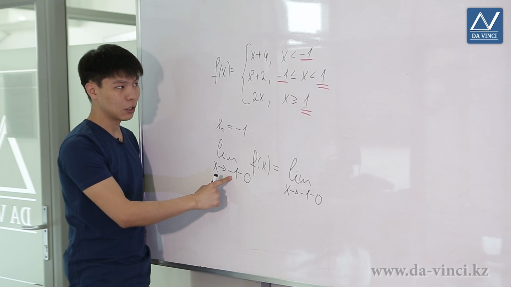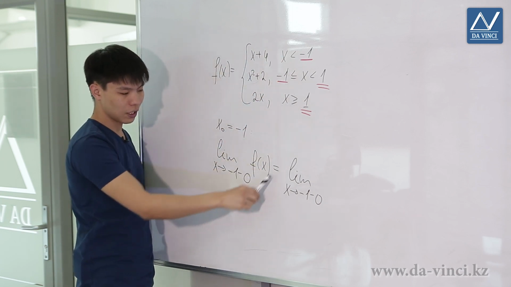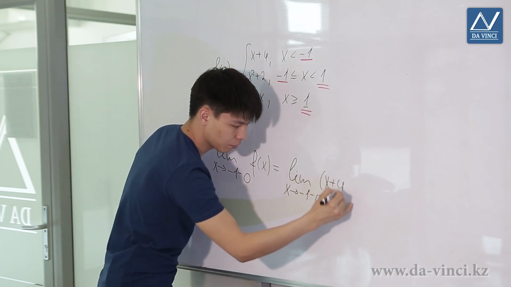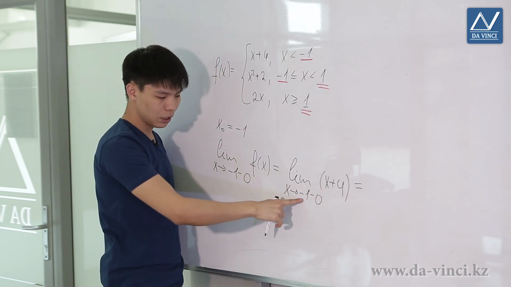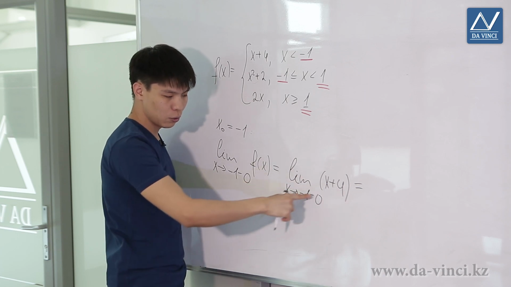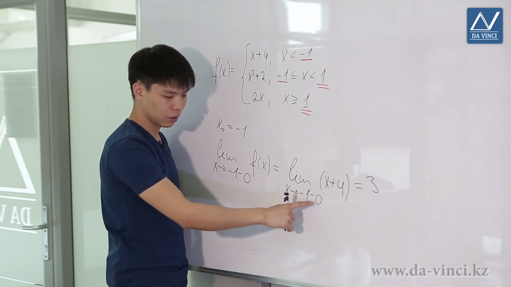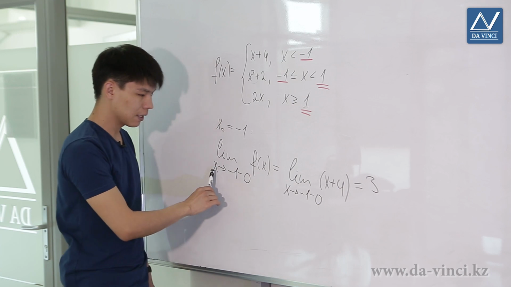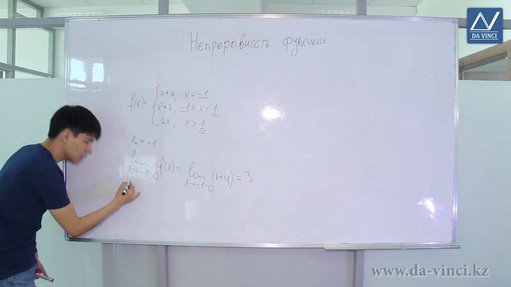If we have x less than -1, then the function is defined as x plus 4. So in this case, in place of f of x, we put x plus 4. It remains to calculate this limit. It is very simple: -1 minus 0 instead of x, plus 4. -1 plus 4 is 3. 3 minus 0 is 3. 0 in this case is a very small number approaching 0, so the limit from the left of this function is 3.